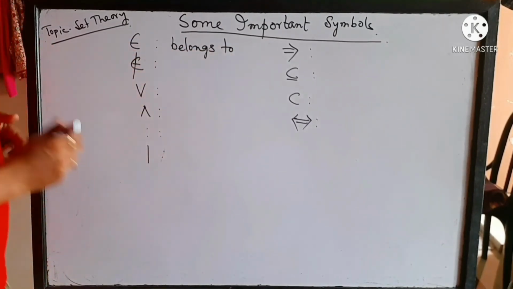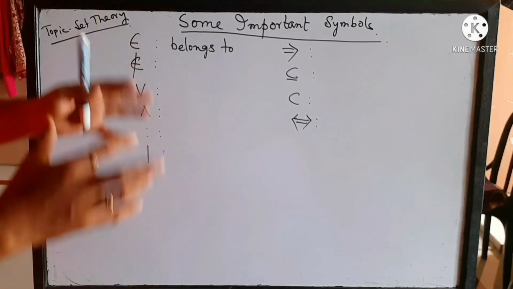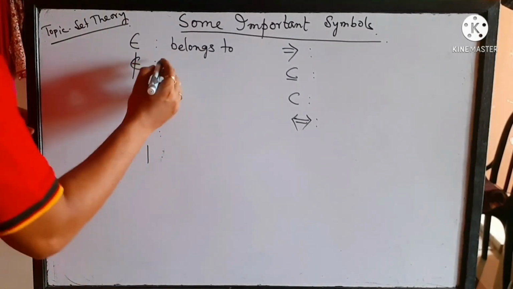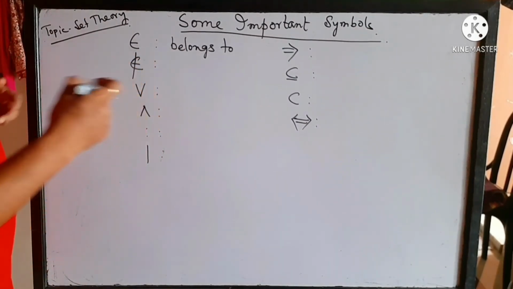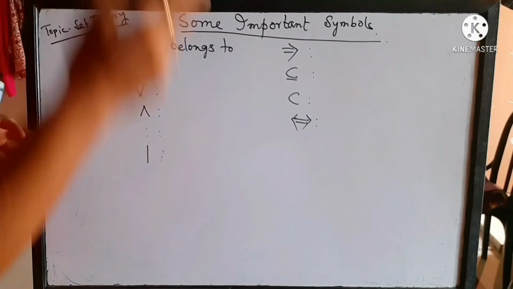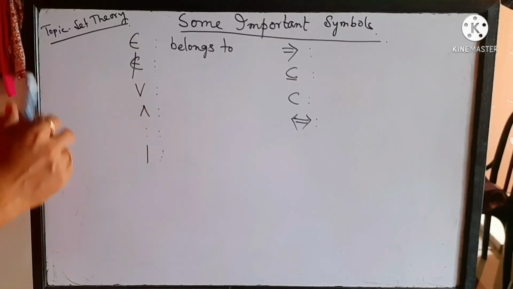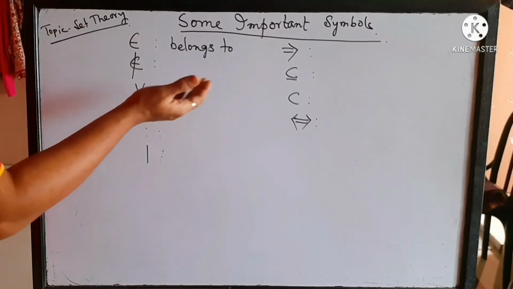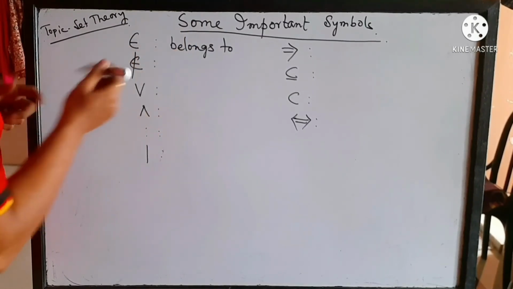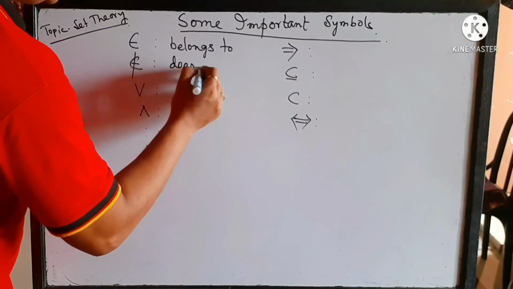Belongs to means some element belongs to some team or some group. And this is simply the equality sign, and if we cross the equality, it will represent not equal to. So this is belongs to, and this does not belong to.